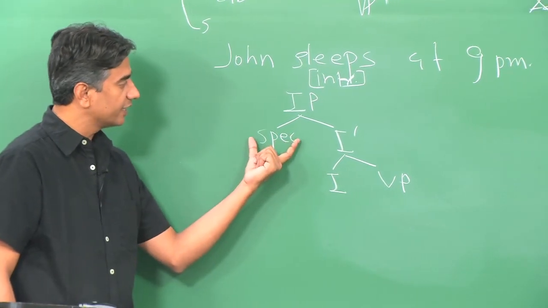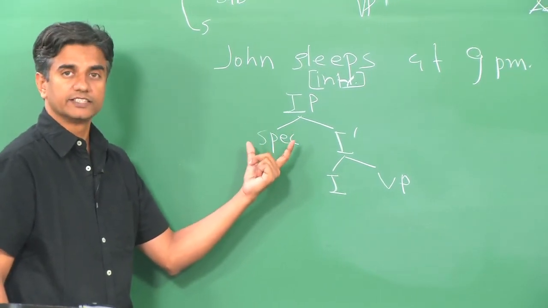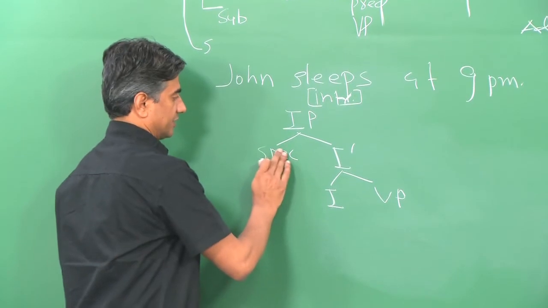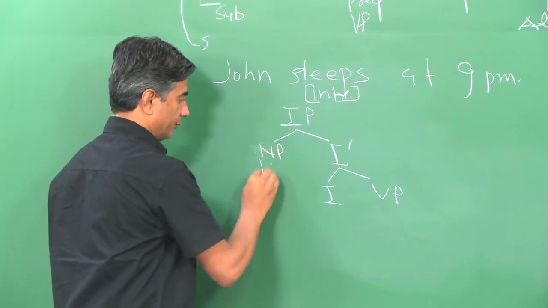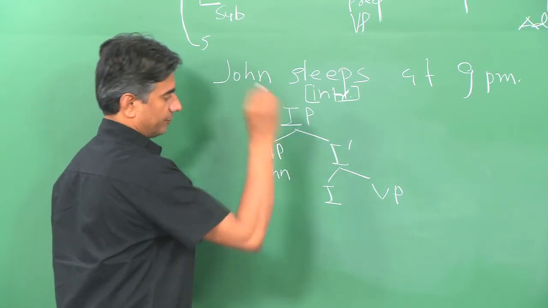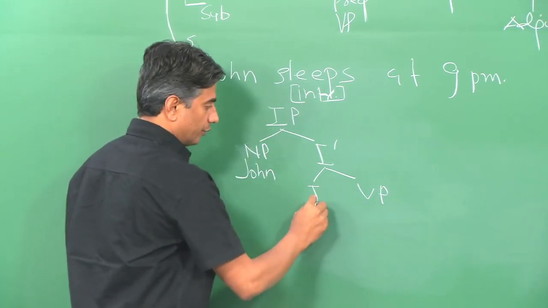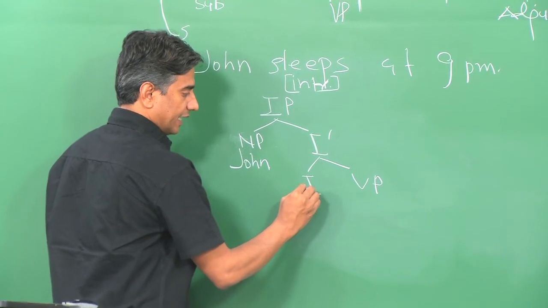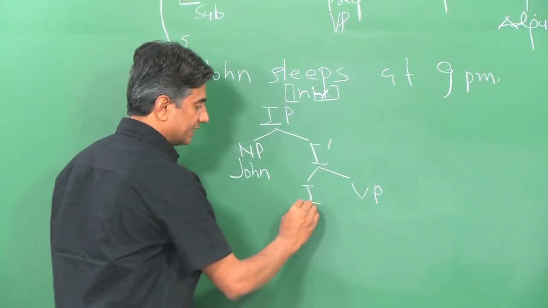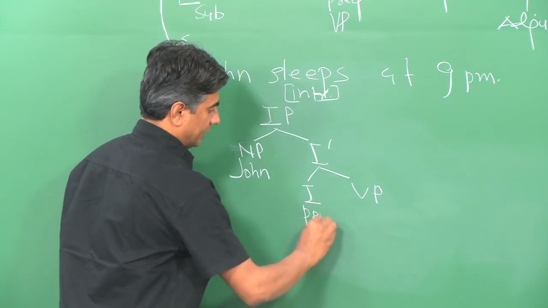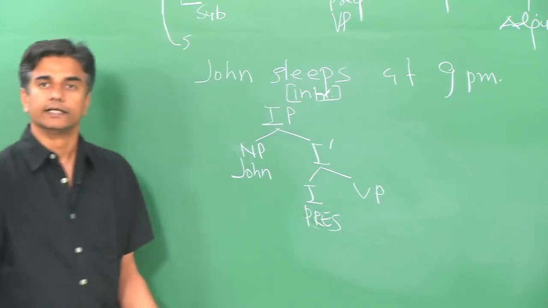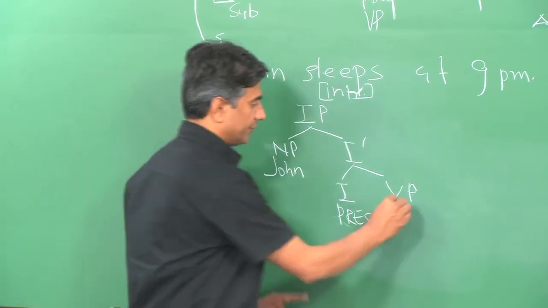In the specifier of this phrase, we get subjects. We get an NP, and here we have John. Then we have the agreement elements here or tense, let's say present. We will just put as PRES. Then we have a VP.